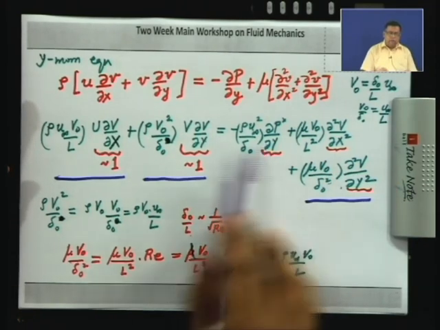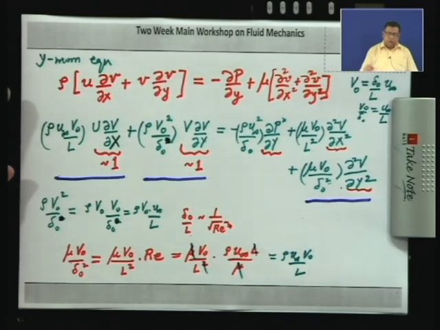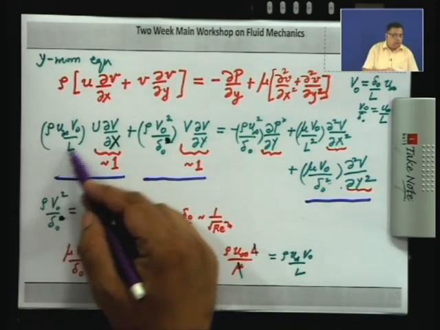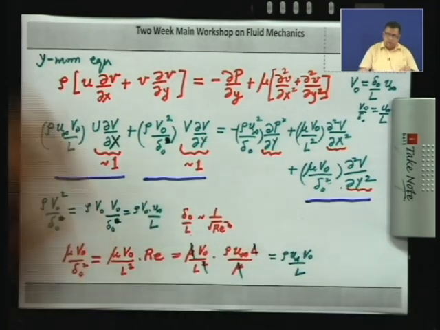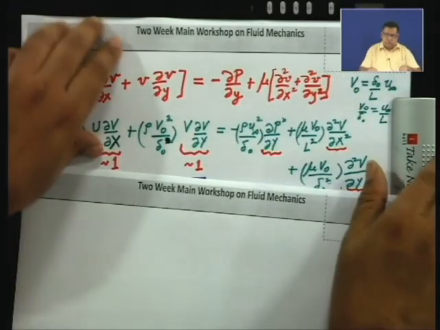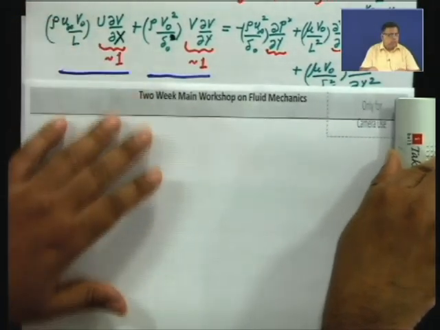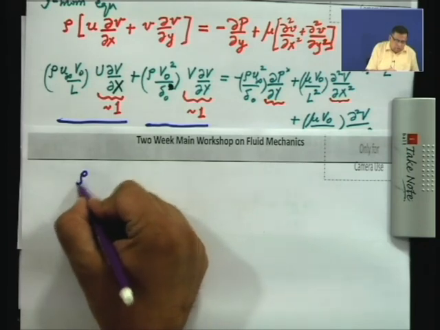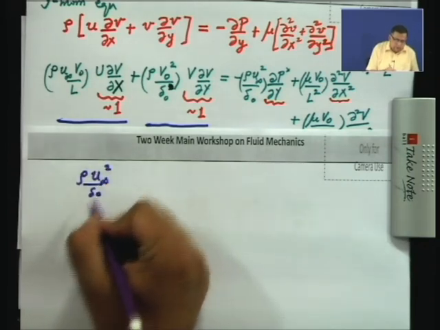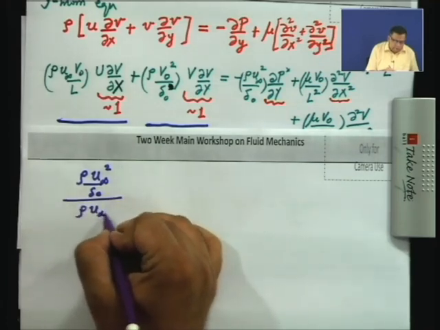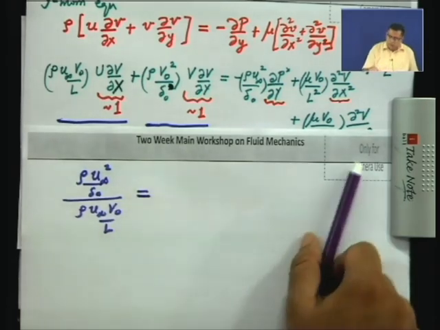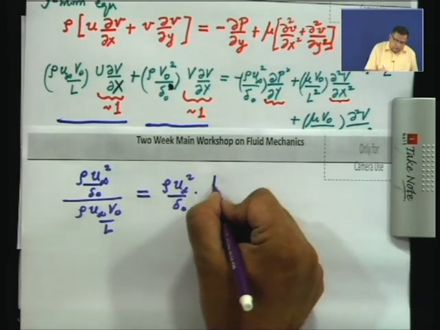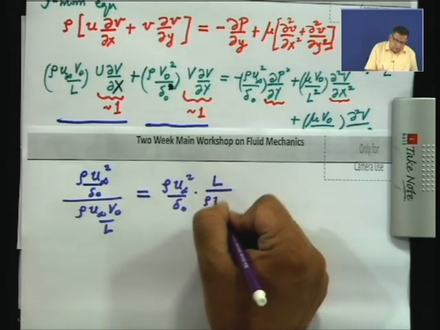Now, let us compare this term with this term. So, we will look at rho u infinity squared by delta naught divided by this quantity, rho u infinity V naught by L. Now, rho u infinity squared by delta naught divided by rho u infinity V naught by L will be equal to rho u infinity squared by delta naught into L by rho u infinity V naught.